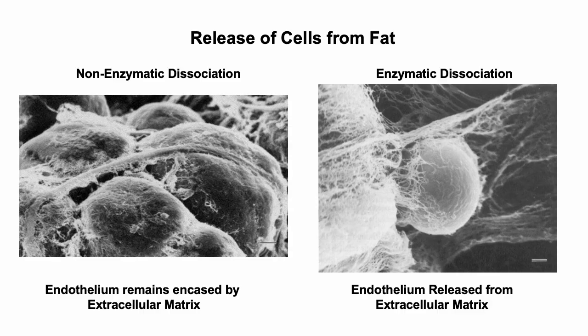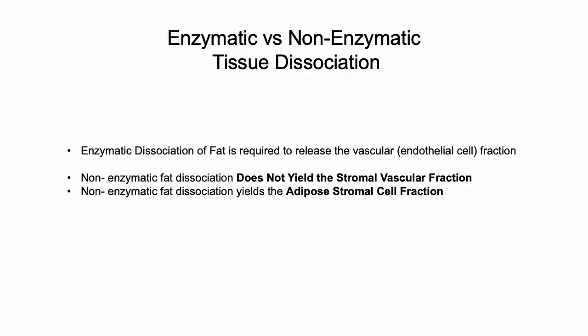It is a stromal cell population, but as Bjorntorp pointed out in the 1970s, putting these filters in or not using enzymes will not release the endothelial cells, or the endothelial cells will be removed by his filtering methods during the processing. Only enzymatic dissociation will release the endothelial cells from fat. So enzymatic versus non-enzymatic tissue dissociation: enzymatic dissociation is required to release the endothelial cell fraction.